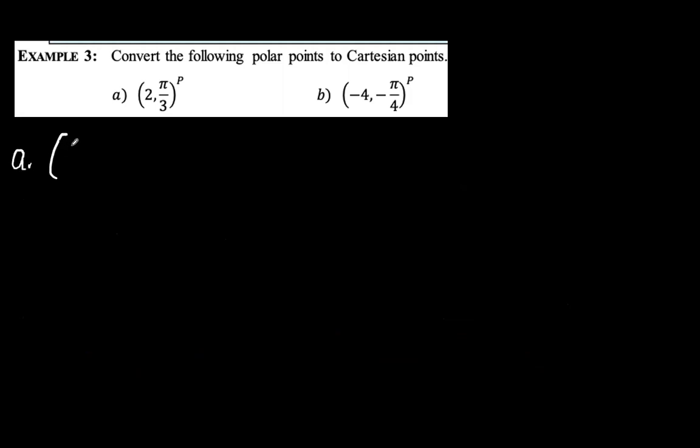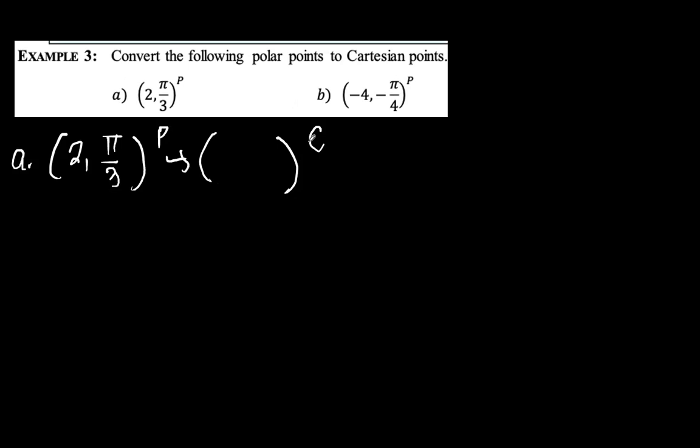That's (2, pi over 3). We're going to convert polar to Cartesian points, to rectangular coordinates. So we're solving for x and y here.